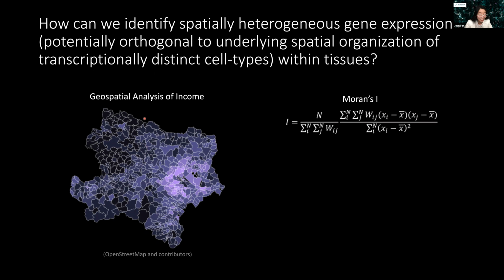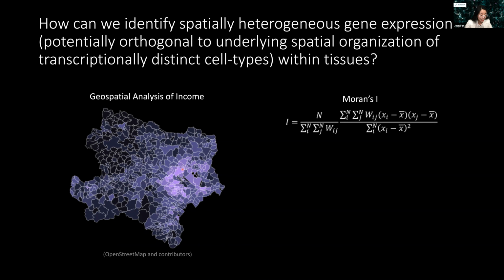In this case, even though this looks kind of like a tumor, I suppose it's actually a state, and these little blobs are counties, and the colors are denoting income level. And so, what you can just visually appreciate is that income is not random.